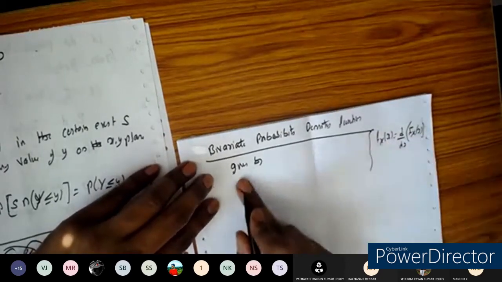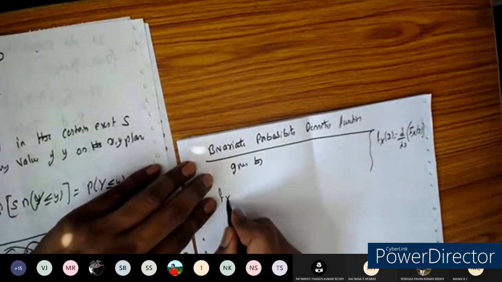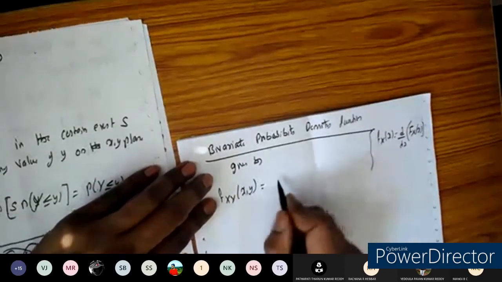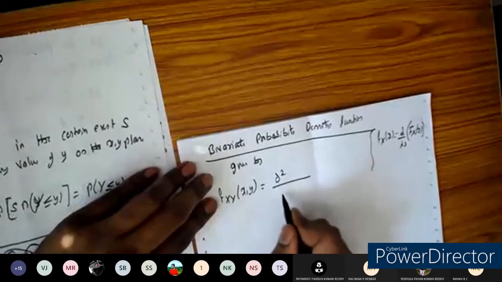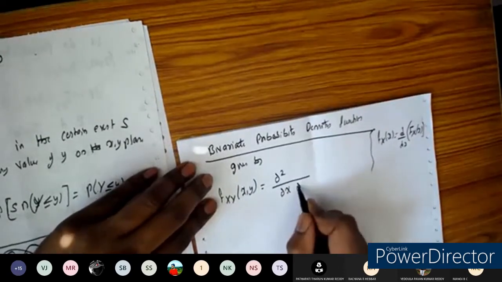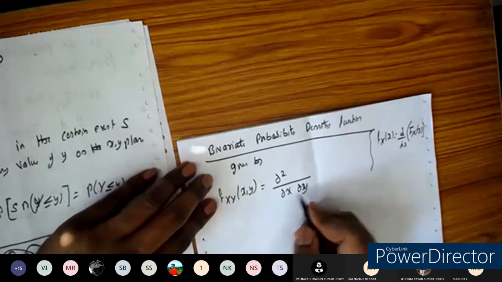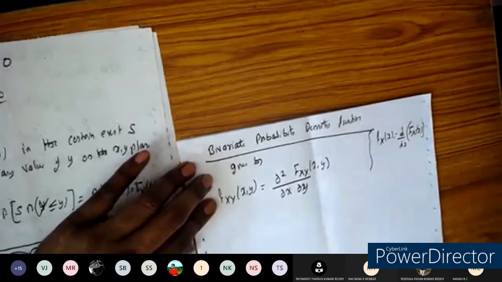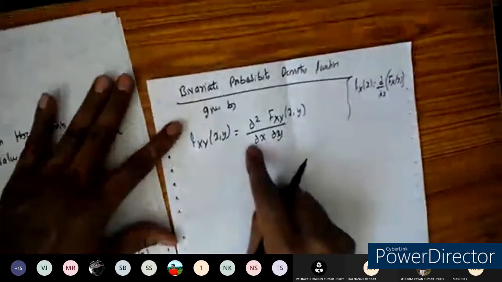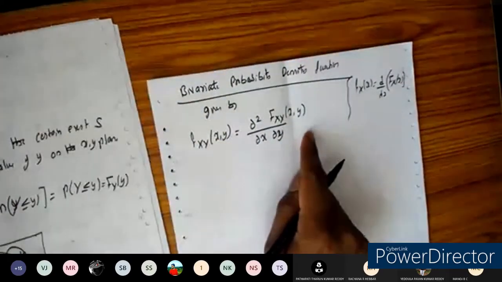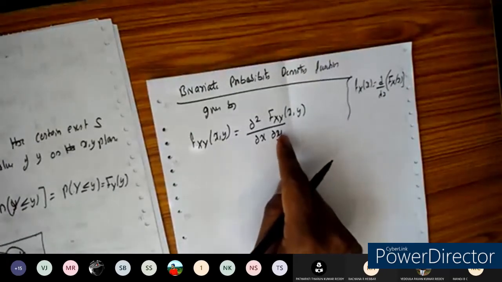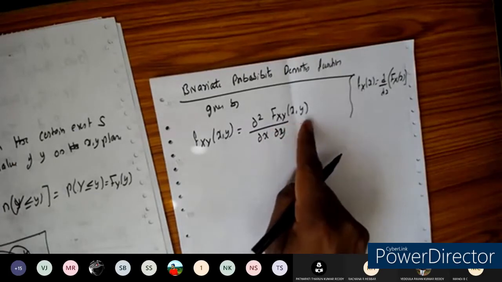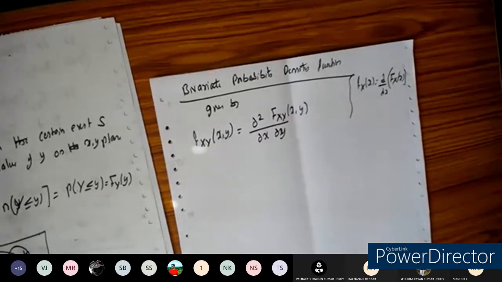Similarly here, because there are two random variables X comma Y, I differentiate two times: one time with respect to x and one time with respect to y. So f_XY of x comma y is del square by del x del y of F_XY of x comma y.